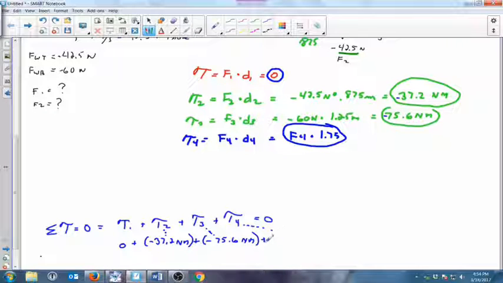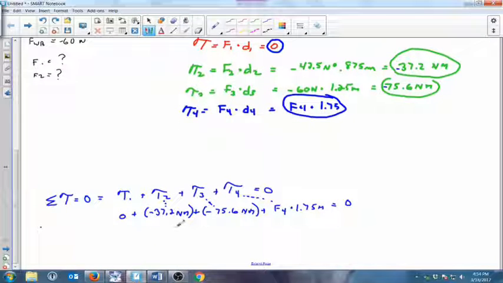Plus F4 times 1.75 meters. And all this has got to equal 0.